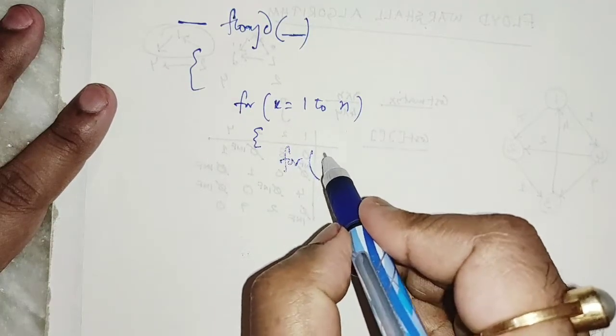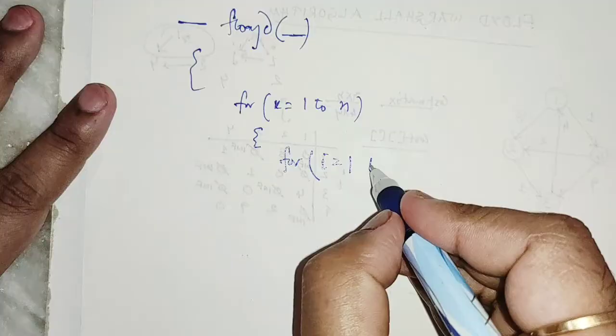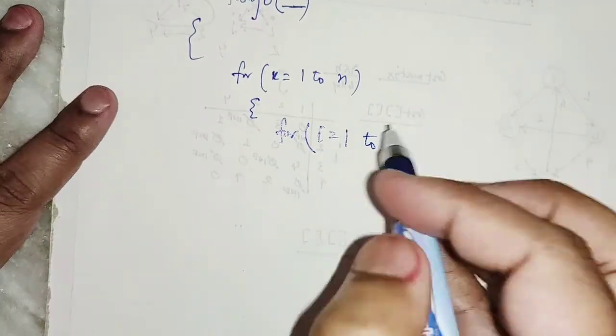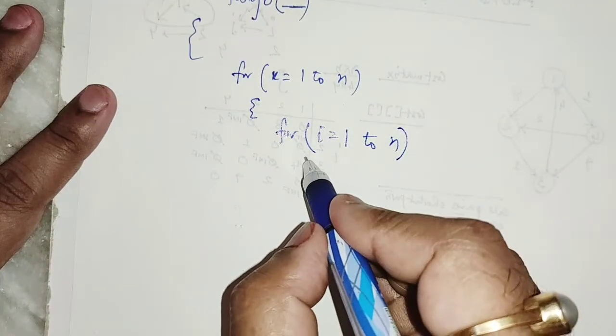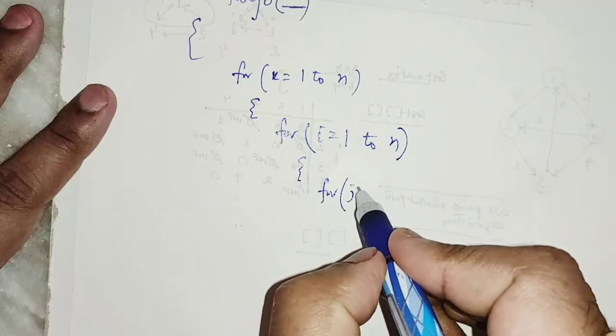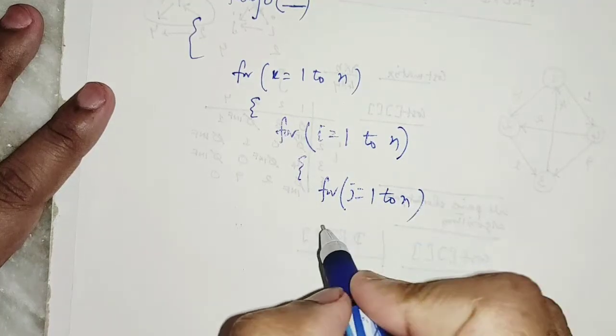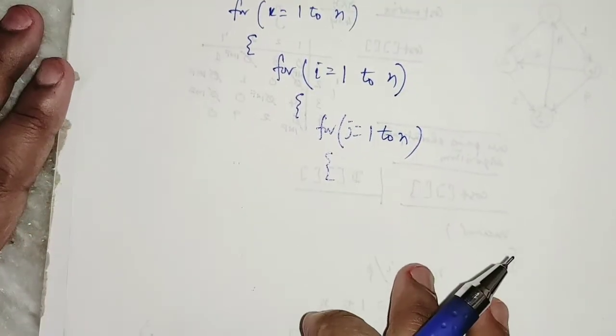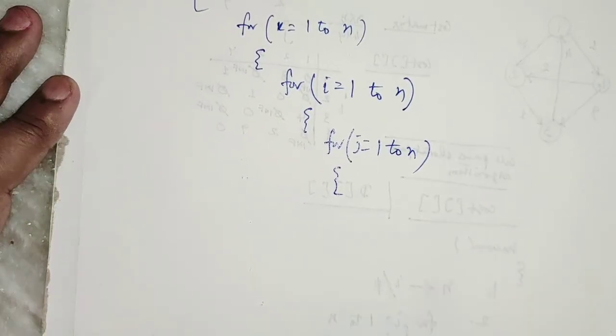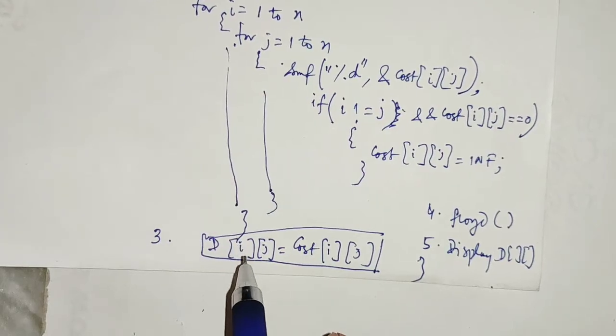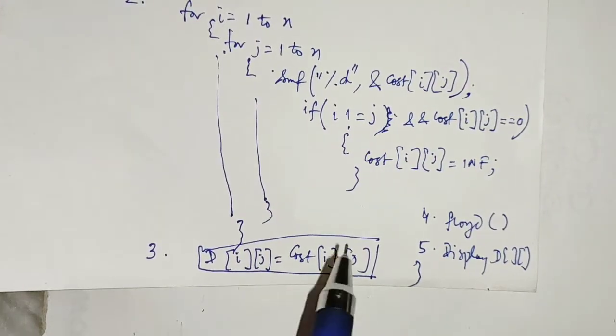So for i equals 1 to n, because it is an n cross n matrix, then for j equals 1 to n. Under j you have to write the formula. We have used the name of the 2D array, which is D, for computation.